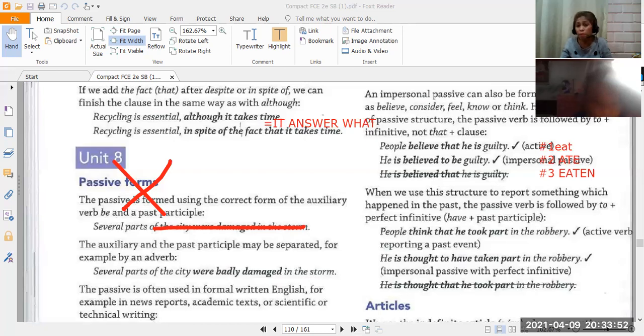You can make a transitive verb into passive. Was is the be verb, bought is the past participle. You can make it. But this one, intransitive, no. So intransitive verbs cannot be made into the passive. Okay, Kiyo?